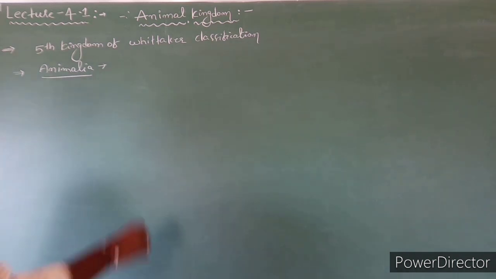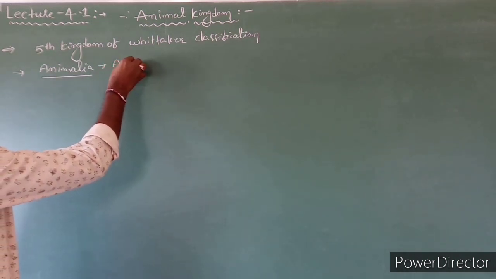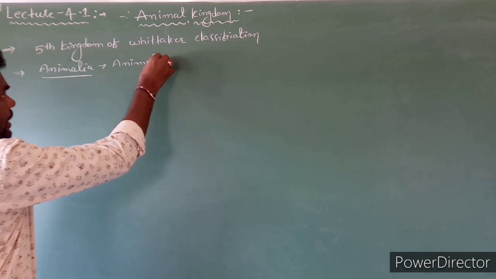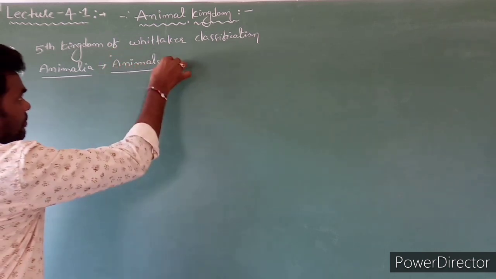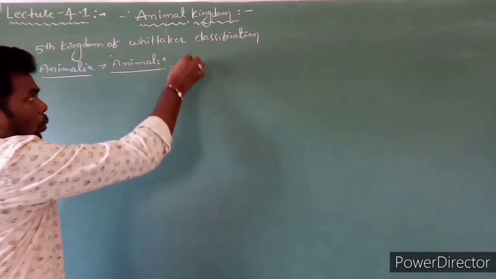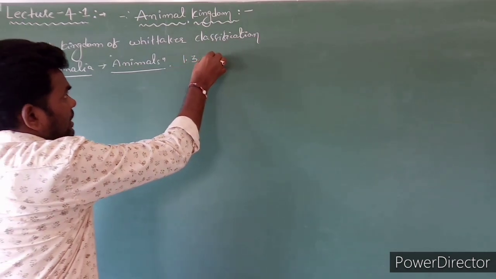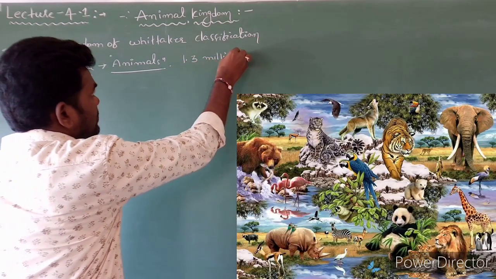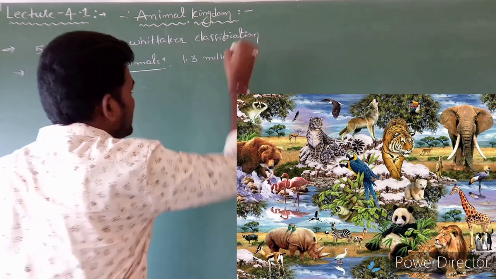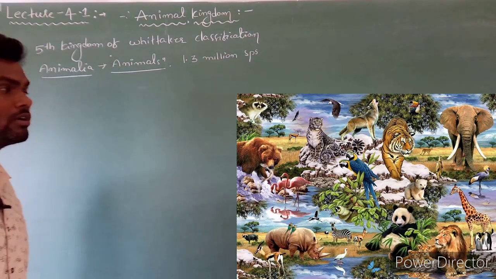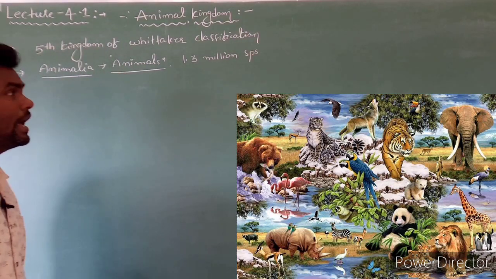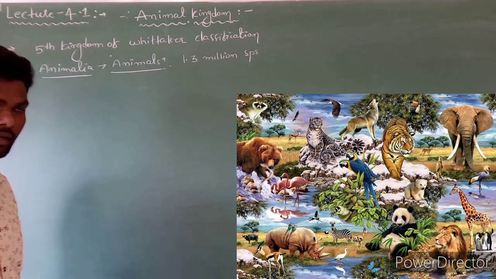You know very well, in Animalia, animals are included. Nearly 1.3 million species, 1.3 million different types of animals, are included in Animalia or the Animal Kingdom.